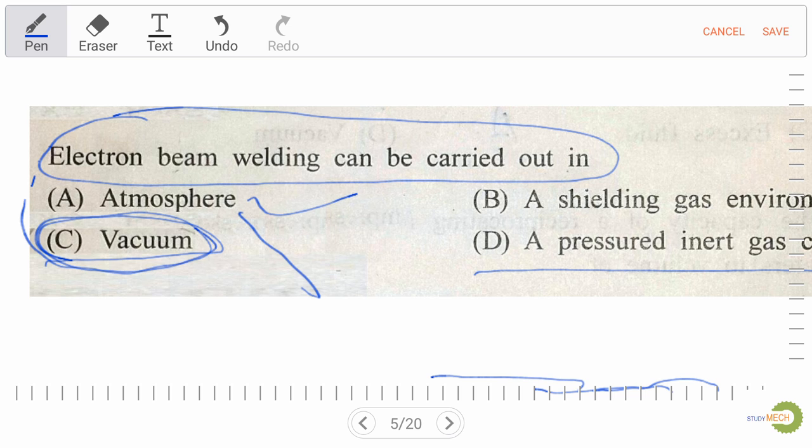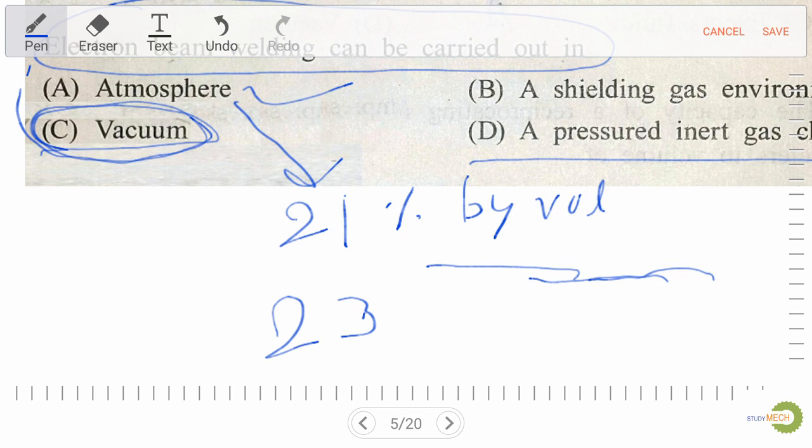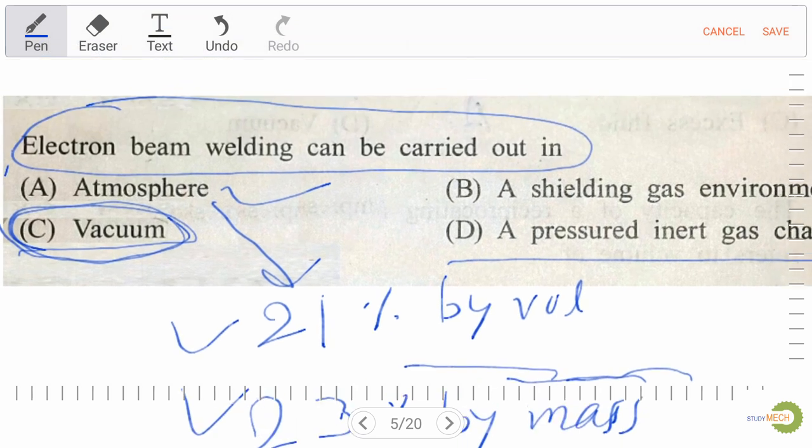Now for atmosphere, always remember 21% of oxygen is available in atmosphere by volume and 23% oxygen is available in atmosphere by its mass. So always remember these both values.